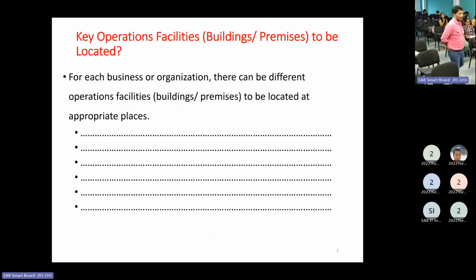Slide number 5. What are the different operations facilities, buildings, or premises that should be located at appropriate places? Number 1, especially in manufacturing, they are factories, production plants. What else? Warehouses. Warehouses should be located.